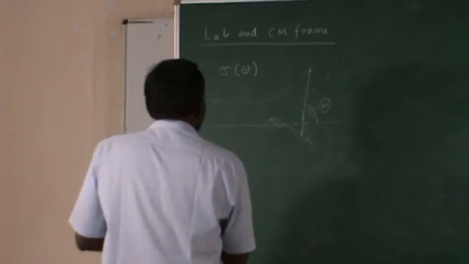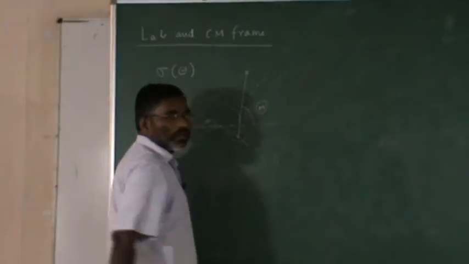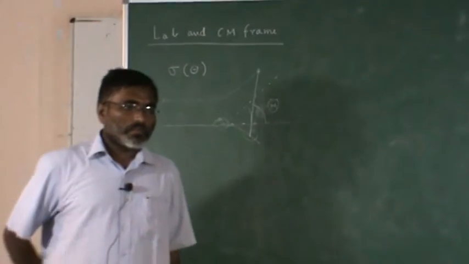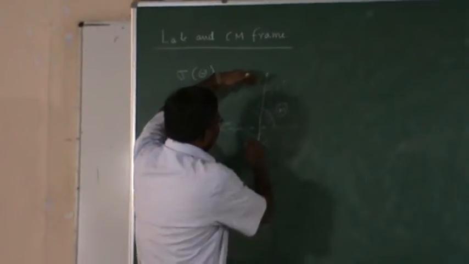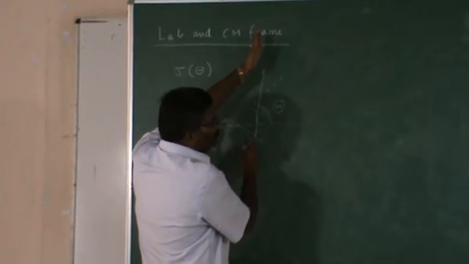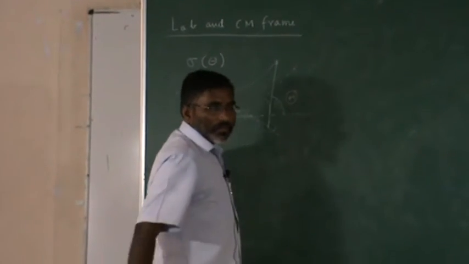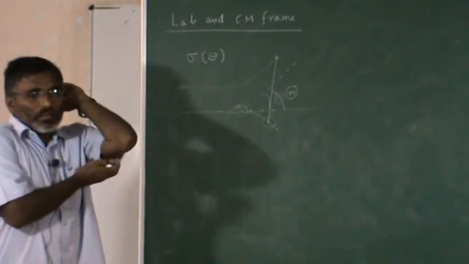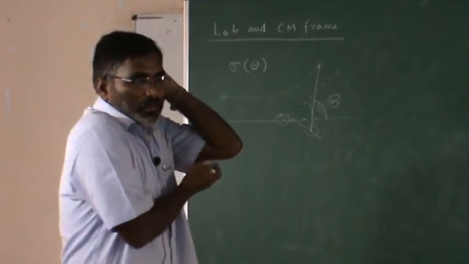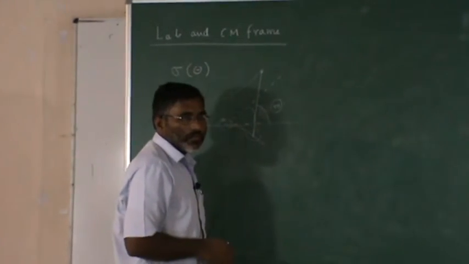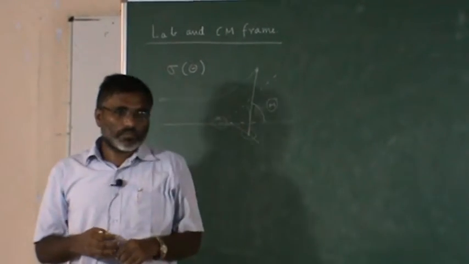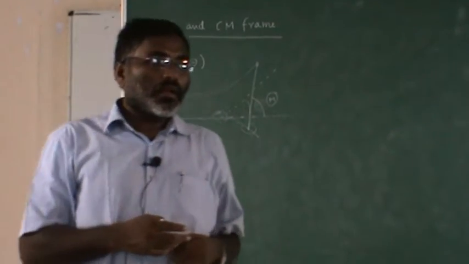Only during the interaction it shifts. Once it goes far away, it goes back. It goes off like this, but this line will remain at the same angle. But it permanently shifts off, because this also moves. For example, in the case of alpha particles, the nucleus is not going to permanently get shifted off.